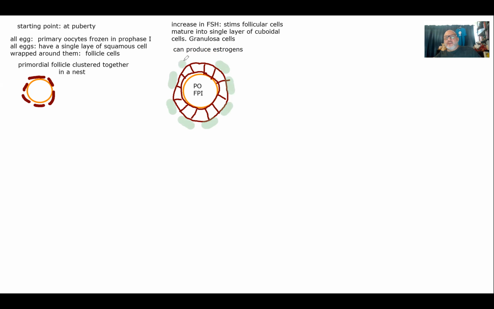So some thecal cells will start to form. And this structure that we form right here is what we call a primary follicle.